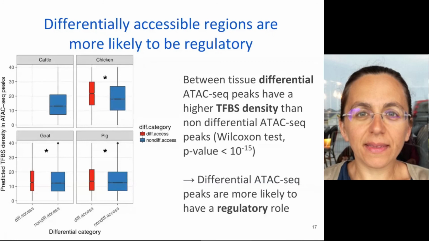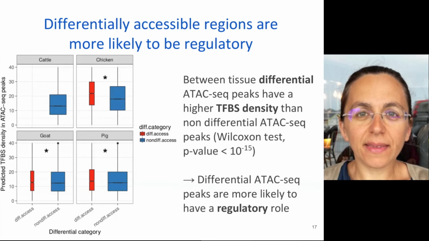We find that the differentially accessible regions, in red, have significantly more TFBS than the non-differential ones, pointing to a regulatory functional role of these regions.